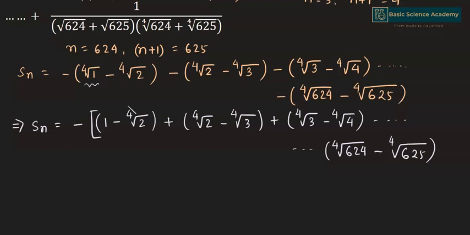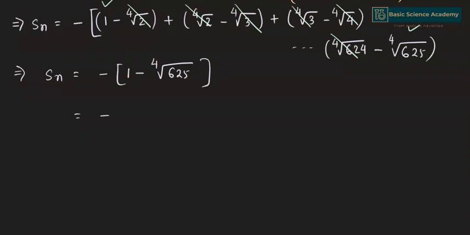Now each of these middle terms will cancel out because we have minus fourth root of 2 and plus fourth root of 2. They will all cancel out, leaving the first and the last term. Hence, this gives Sn equal to minus of 1 minus fourth root of 625.